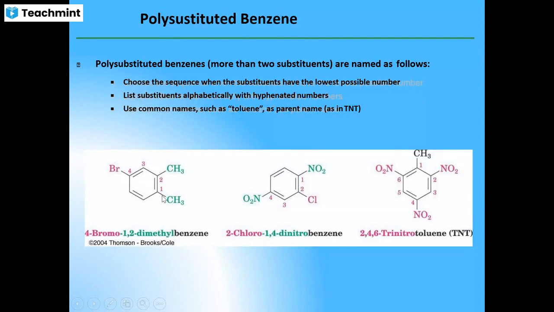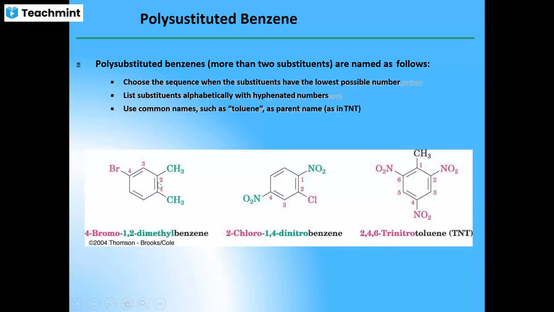So why am I saying that the least number should be given? If you go in an anticlockwise manner, meaning the left direction, the least numbers will be given to the adjacent CH3 group and bromine.